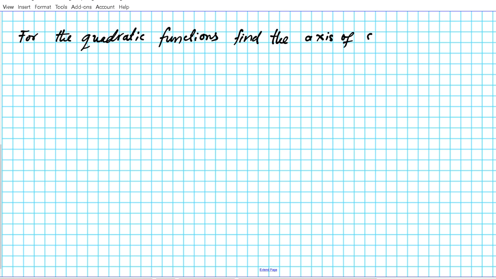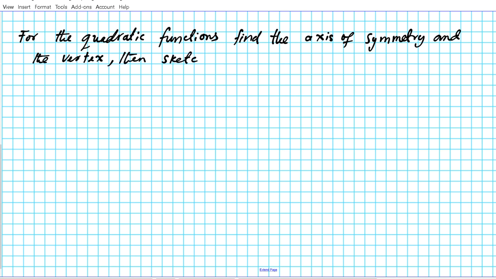Alright, the instructions for the examples that we're going to be doing are as follows. We are to, for the given quadratic functions, find the axis of symmetry and the vertex, then sketch the graph.